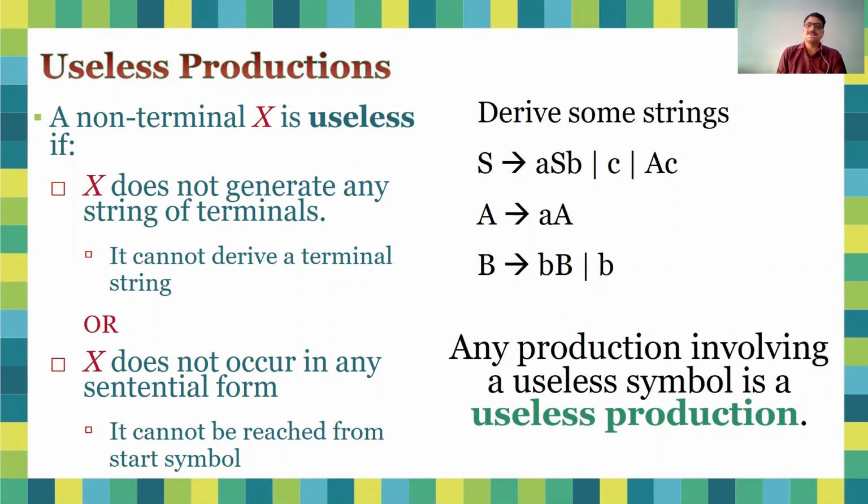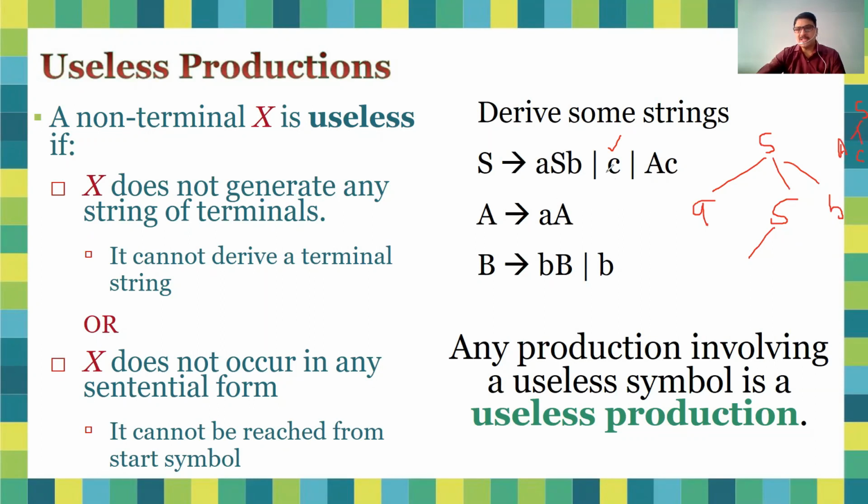So let's start with a simple example, then we will do the same thing using the theorem. Suppose a grammar is given to you: S to ASB, C, AC, and A to AB, B to this one. Now, if we start with S, then we can move in this direction, ASB, or we can go S to AC, because these productions are given. If you again want to expand this particular S, you can terminate it by C, or expand it by AC, or by AB.